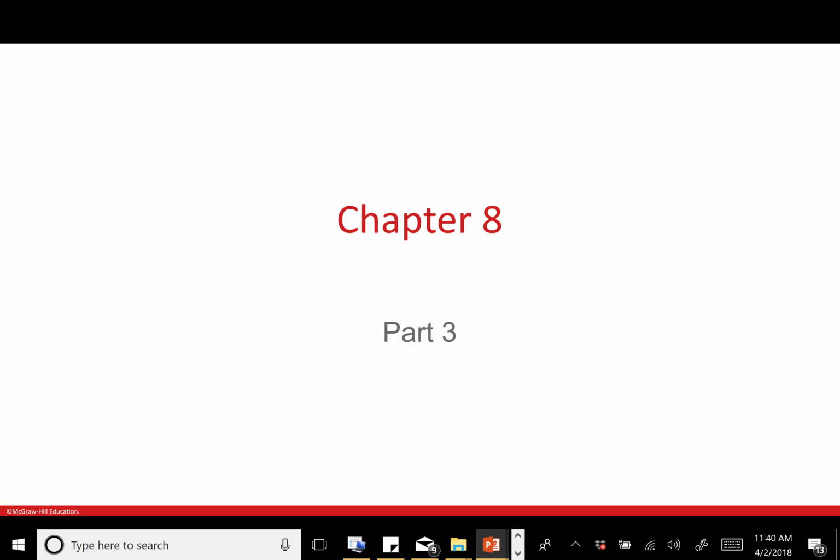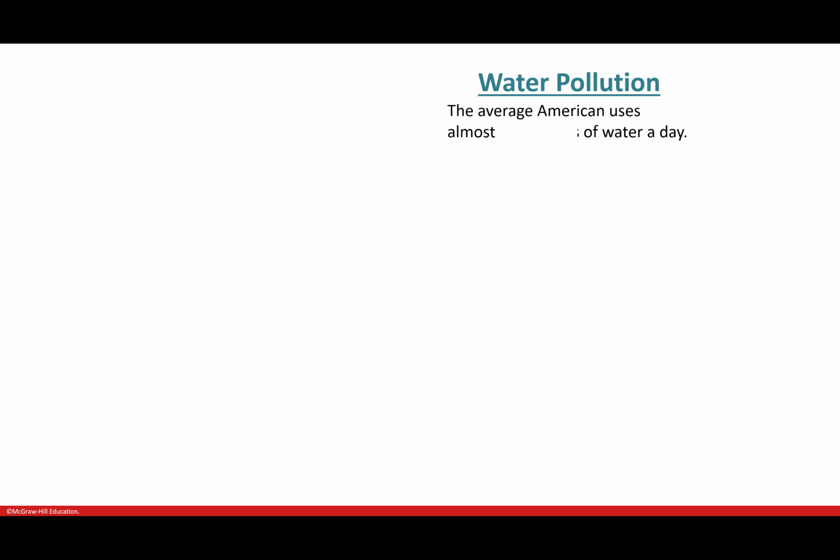So still on the topic of water. Actually, I have a link. I think it's about 9 minutes or so. On average, we generally use 100 gallons of water a day.